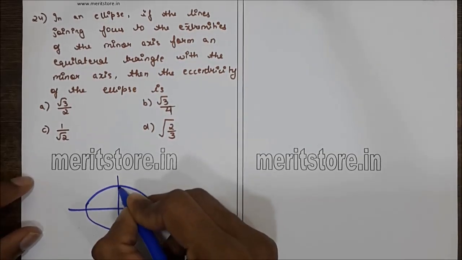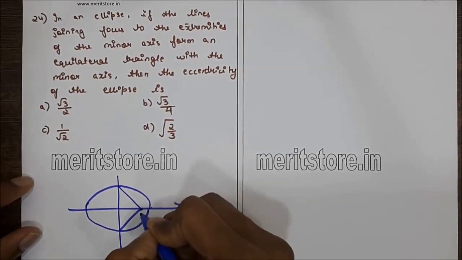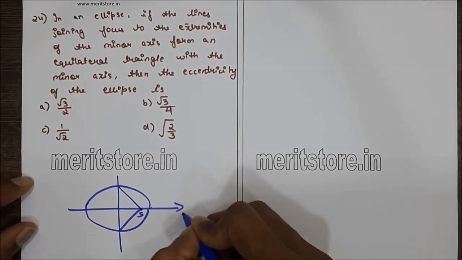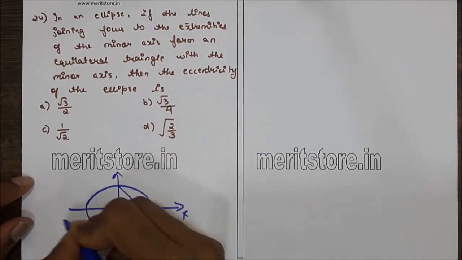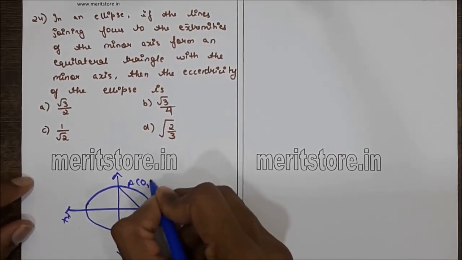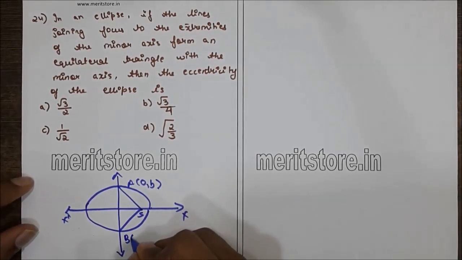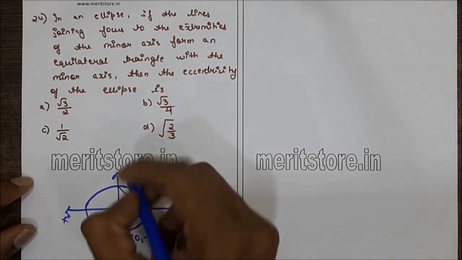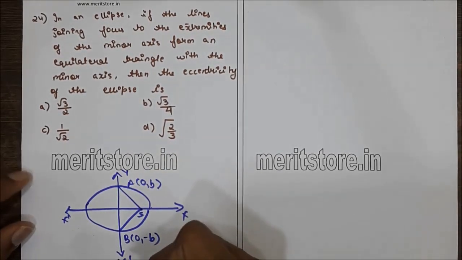Joining the extremities, that is B at (0, b) and B dash at (0, minus b), this is Y and this will be Y dash.